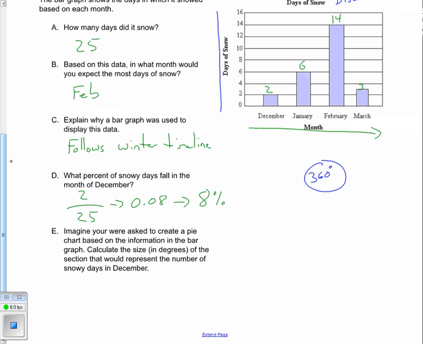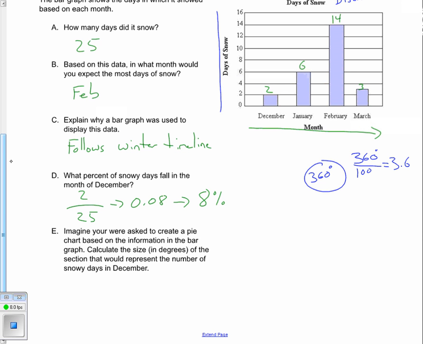To figure out the number of degrees represented by each percent, I know that there's 360 degrees divided by 100%. That means each individual percent is represented by 3.6 degrees.